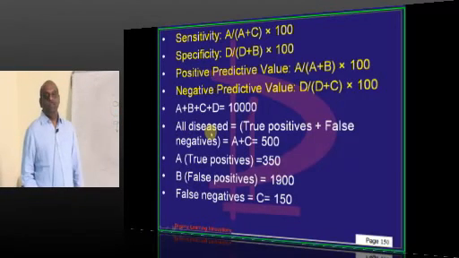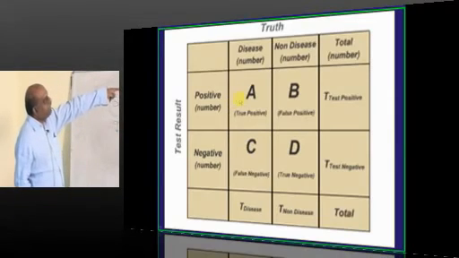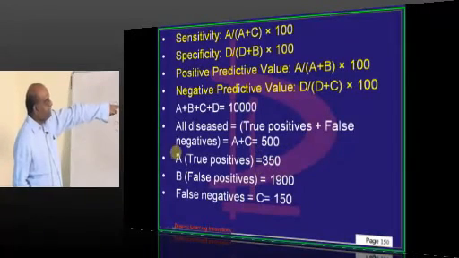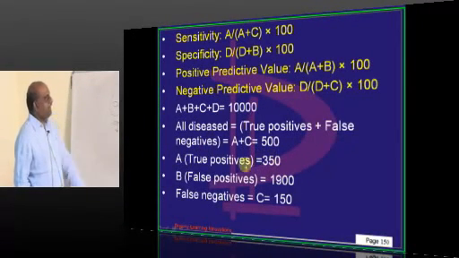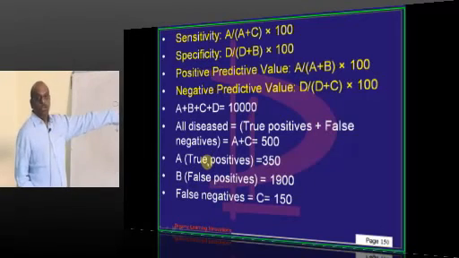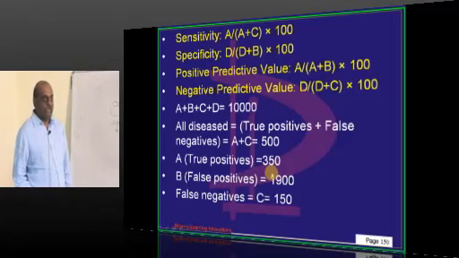In this given question, all diseased was given. What is the number? 500. And all diseased include true positives and also false negatives. A plus C is given as 500. Right? Then he said around 350 are truly having diabetes, true positives.